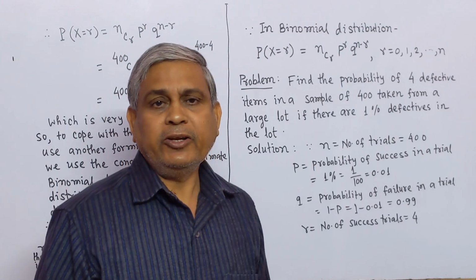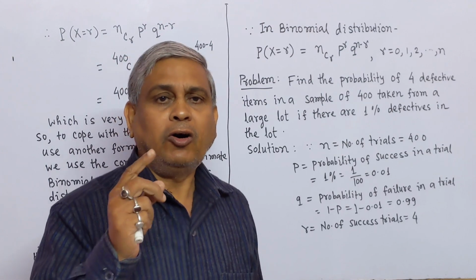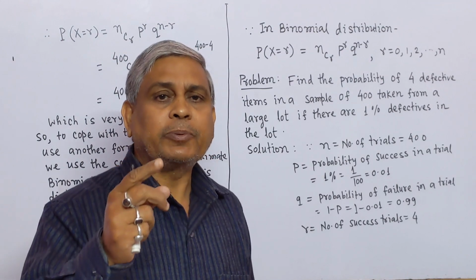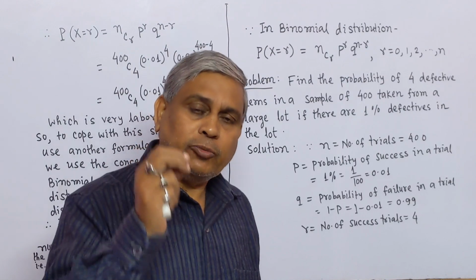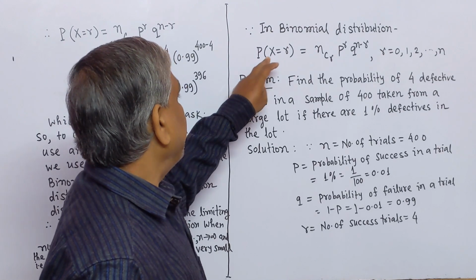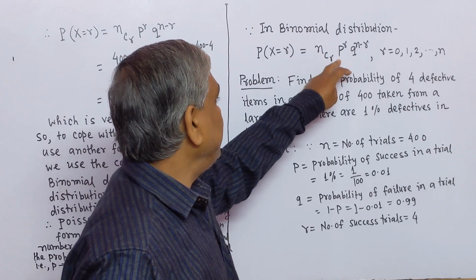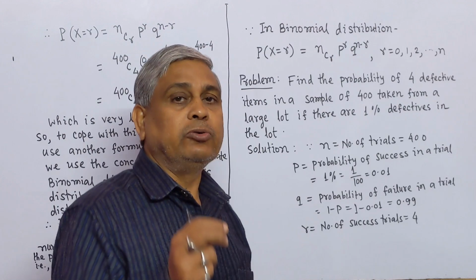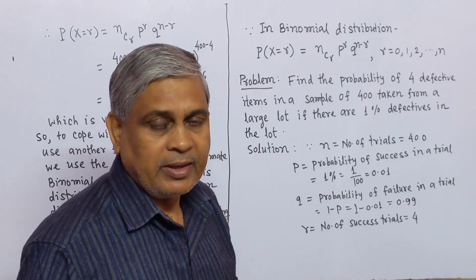As we know, binomial distribution helps to find the probability of a random variable for r number of successes among n trials. In binomial distribution, the probability for the random variable X equal to r is nCr p to the power r q to the power n minus r, for r equal to 0, 1, 2, 3, ..., n.